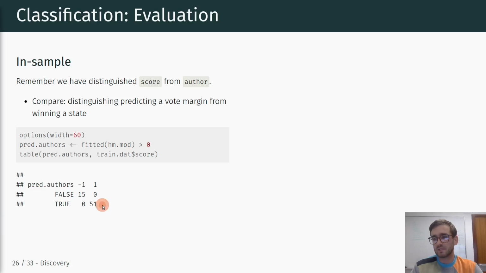And so we can see that at least in sample, based on the model that we learned, the predicted values perfectly correspond to the actual values of the dependent variable.